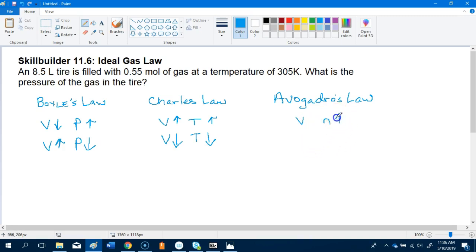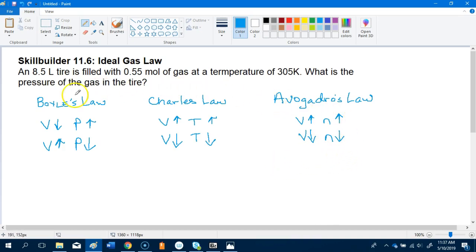As the number of moles increases, the volume increases, and blowing into a balloon is an example of how this works. The more gas we add to the system, the greater the volume. If we take away that gas, the volume is going to decrease.